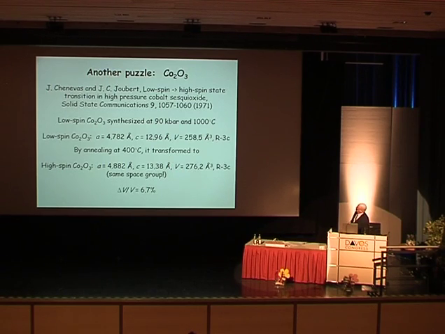And there's one more puzzle in the transition metal oxides. Chenevas and Joubert published a paper back in 1971 with low spin Co2O3 synthesized at 90 kilobars and 1,000 degrees. And they determined that it was low spin cobalt. Then they annealed it at 400 degrees C, and it transformed to high spin Co2O3.